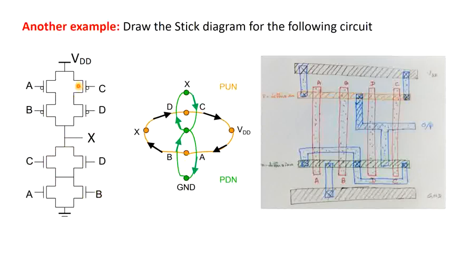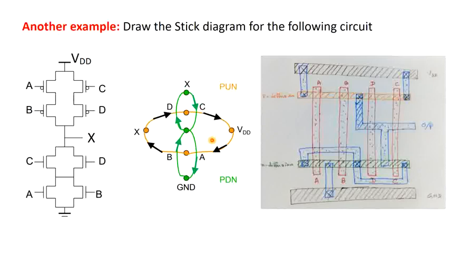For the pull up network, it is VDD and output. On one side we have C and D, and on the other side we have A and B. Suppose you choose a path like this: A, B, D, C. If you choose the path A, B, D, C, we have an Euler path for this pull up network.